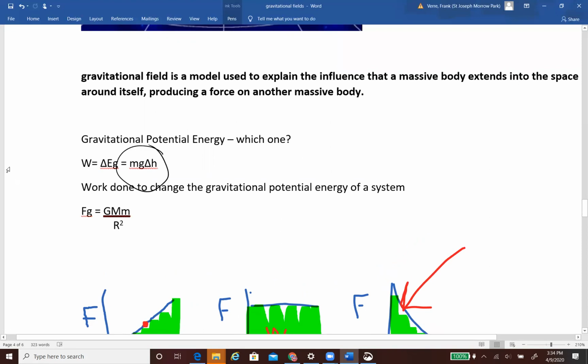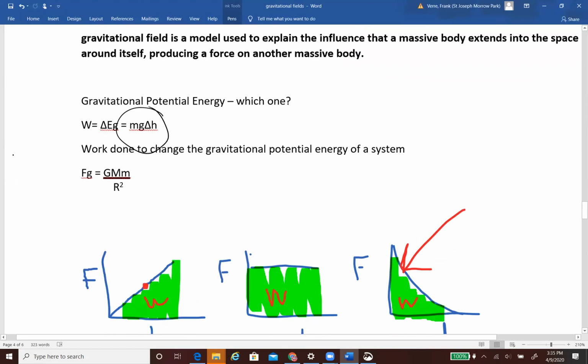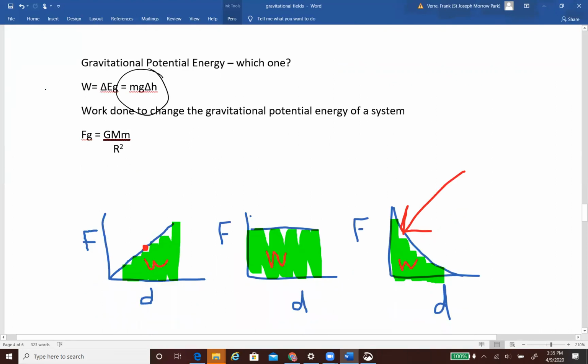We also last year talked about the universal law of gravitation. If you recall, we said last year that work is also defined as a force times distance when these two things are parallel, right?